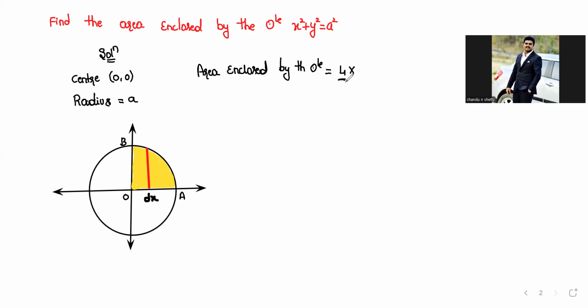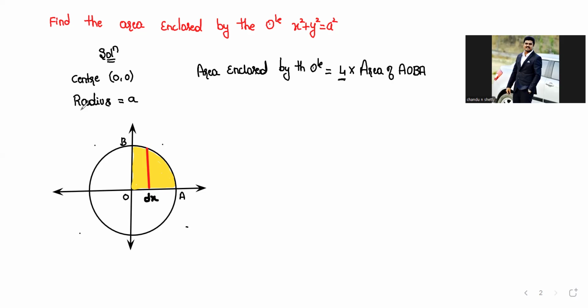In this circle, how many quadrants do we have? We have 4 quadrants, so we are taking here 4 into one piece of this circle, so 4 into the area of AOBA.